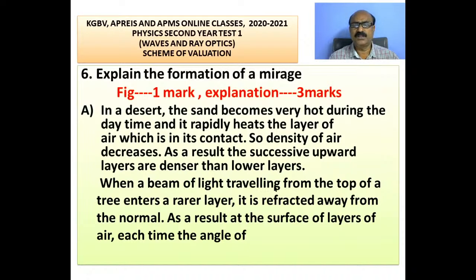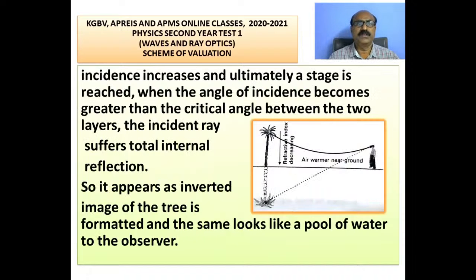When a beam of light traveling from the top of a tree enters a rarer layer, it is refracted away from the normal. It bends away from the normal. As a result, at the surface of layers of air, each time the angle of incidence increases, and ultimately a stage is reached when the angle of incidence becomes greater than the critical angle between the two layers.